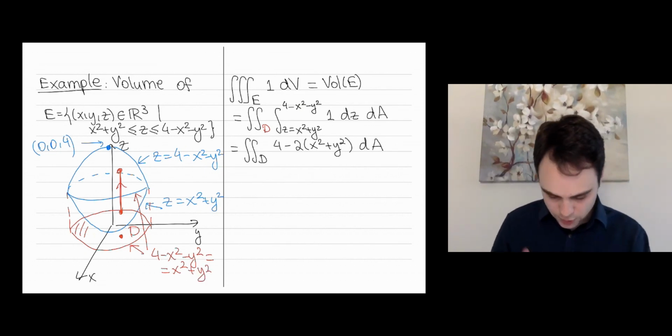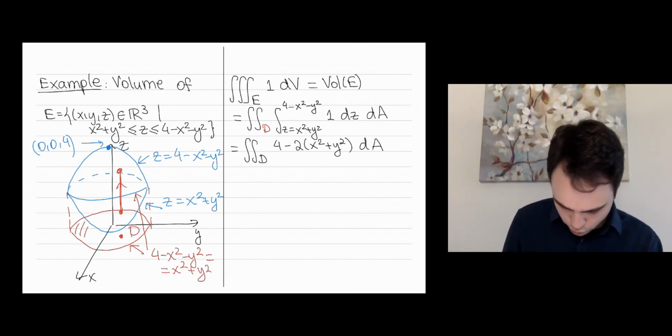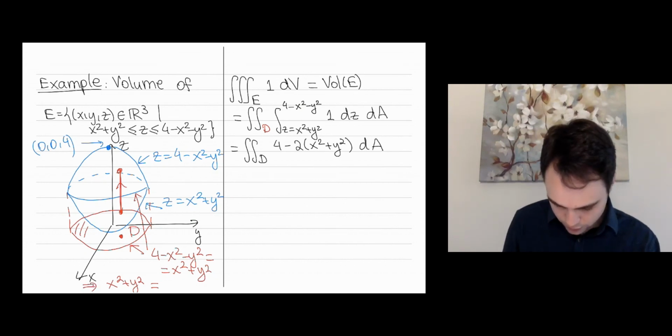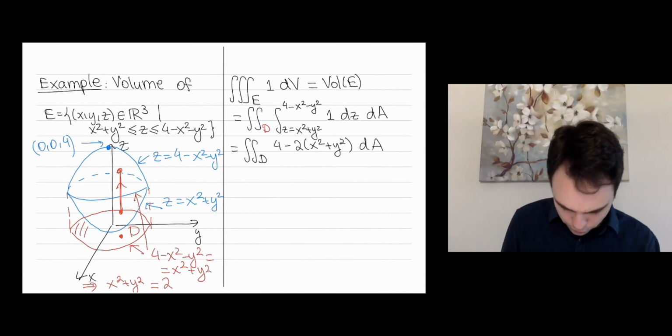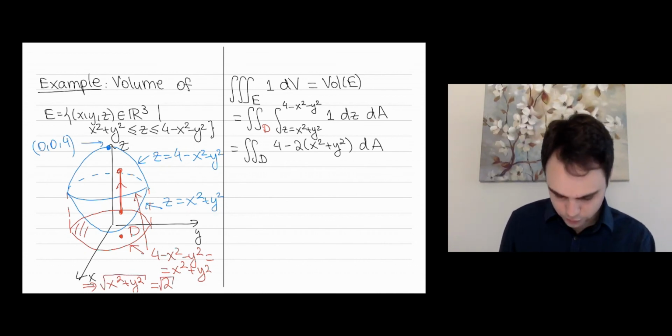In other words, x squared plus y squared is equal to 2. And so the root of x squared plus y squared is equal to root 2.